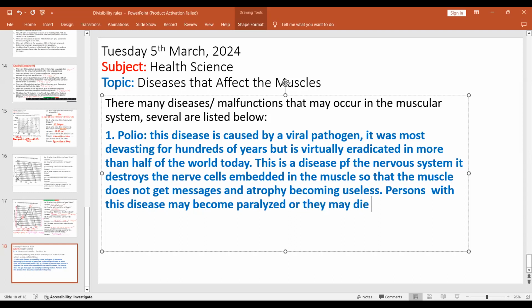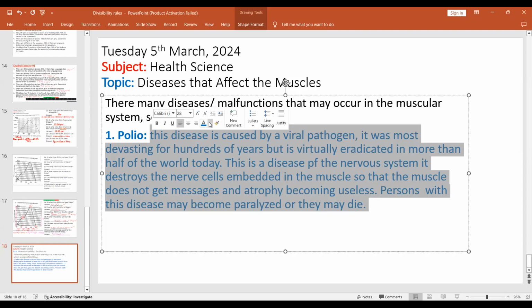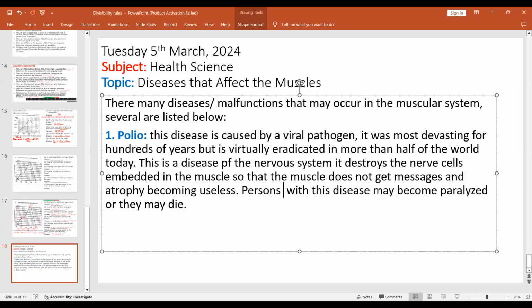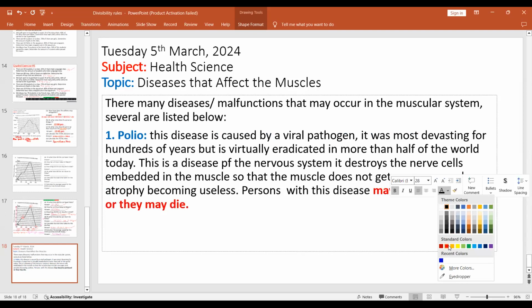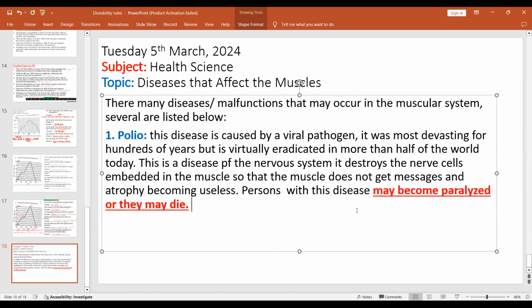So when you end up with polio, what ends up happening to you? Can someone describe what happens to you when you have polio? Your nervous system is destroyed, and your muscles don't get messages, so they atrophy, and they can't move. They're paralyzed in a certain position, or it may cause them to die.